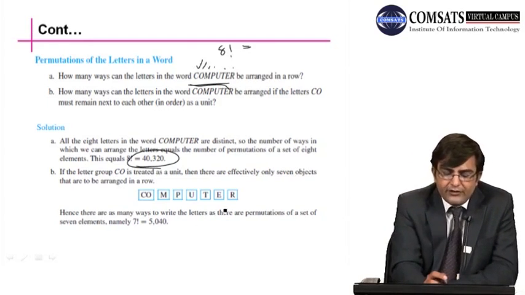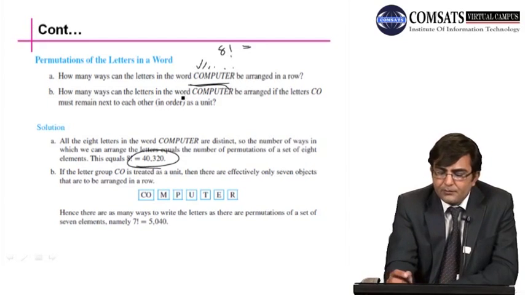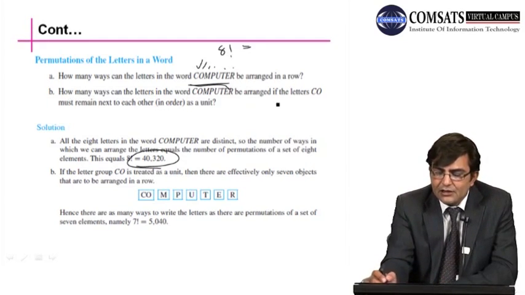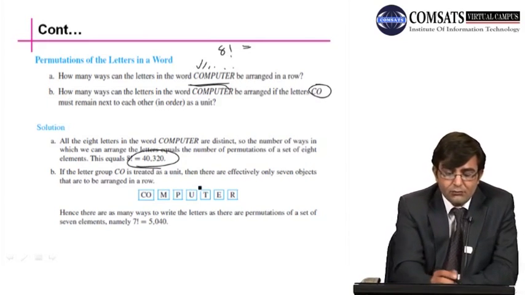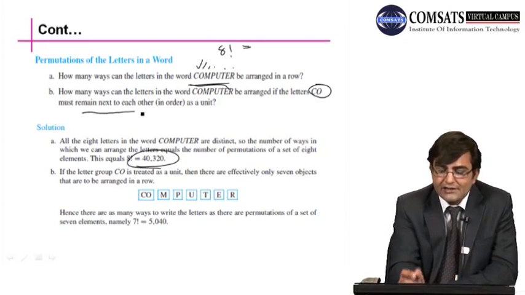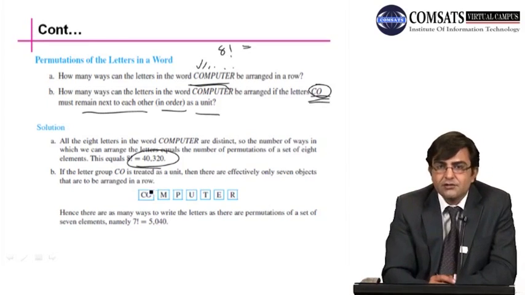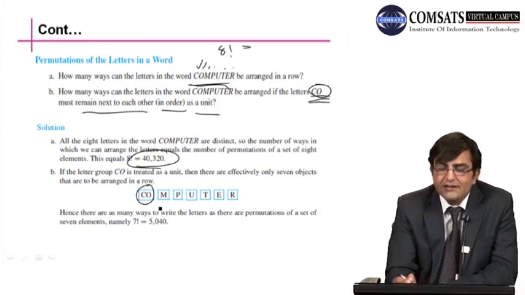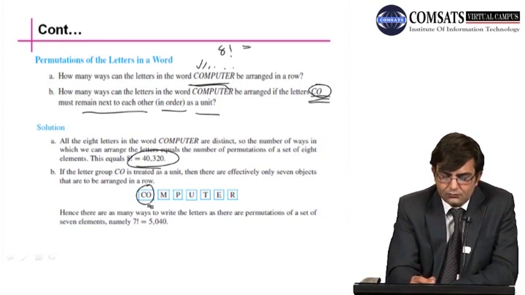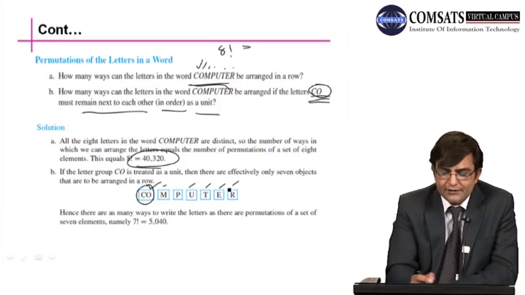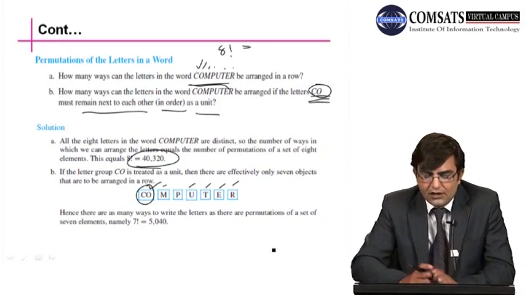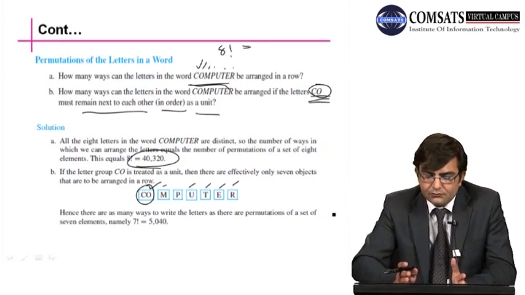How many ways can the letters in the word computer be arranged if the letters CO must remain next to each other in order as a unit? So we have to use this as one unit. Then how many letters are there? 1, 2, 3, 4, 5, 6, 7. So if CO is fixed, then there are 7 letters.